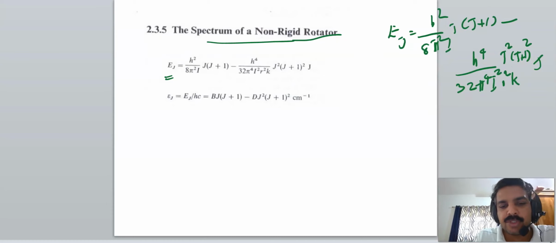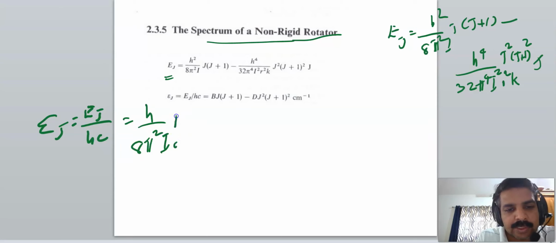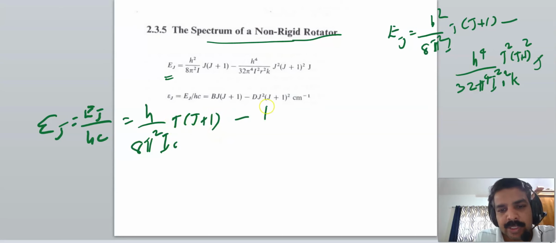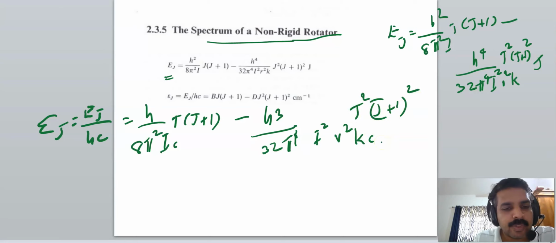If we convert this into wave numbers, epsilon_J is equal to E_J divided by hc, and we get h divided by 8 pi squared Ic into J into J plus 1, minus h cubed divided by 32 pi raised to 4 I squared r squared kc, into J squared into J plus 1 the whole squared.